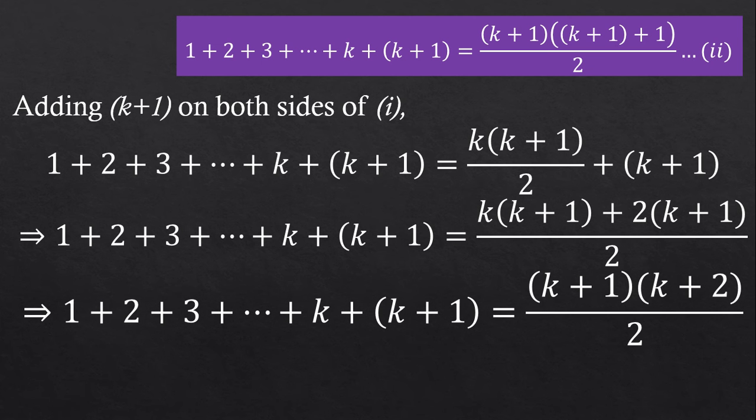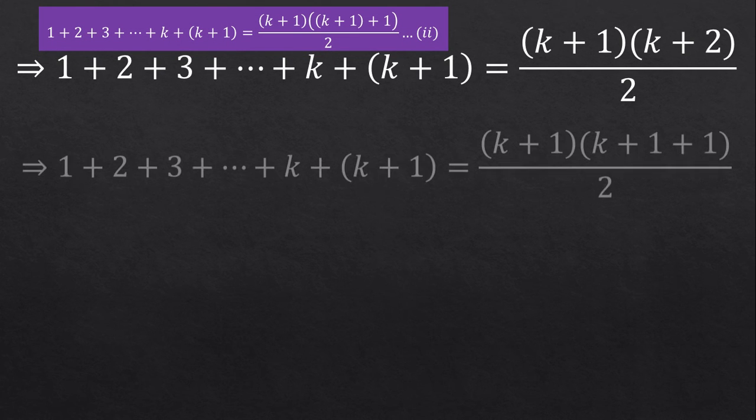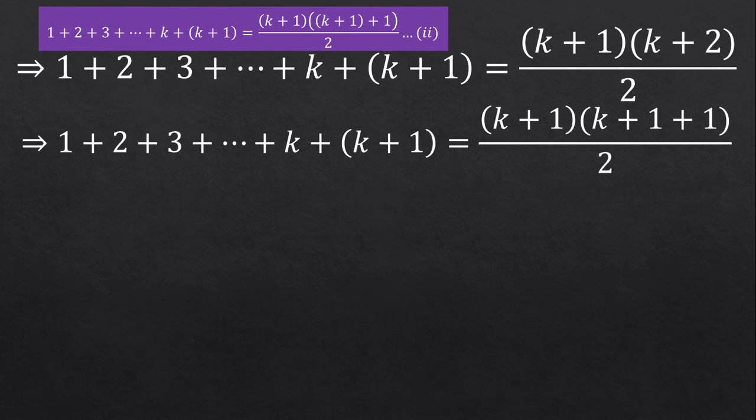Okay, now we can see that statement 2 has k plus 1 and we have k plus 2 here. So we split this 2 into 1 plus 1 like that.